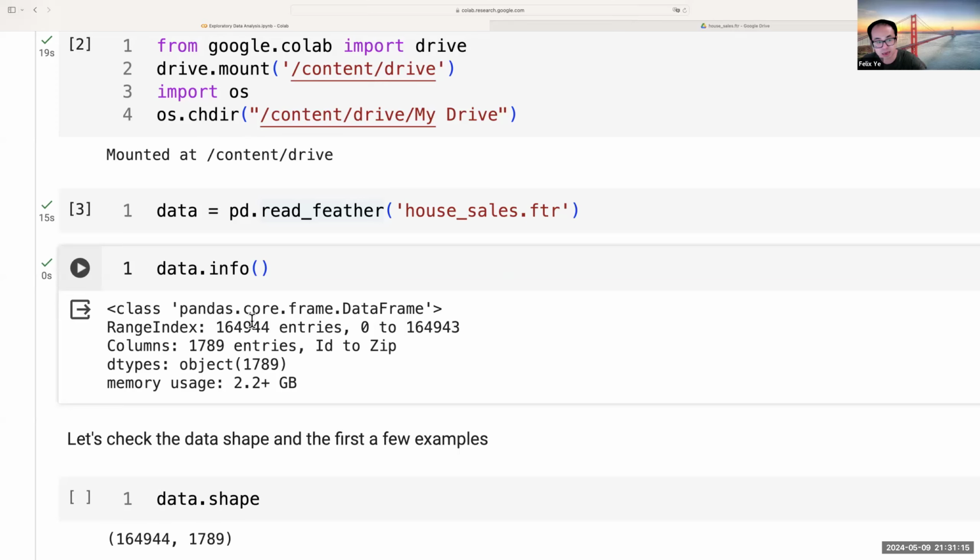So that means there are about 165,000 house sales. I have columns, which are the features. I have almost 1,800 features, and you can see how large this data is: 2.2 gigabytes. That is really a lot of features, and it takes a lot of memory.